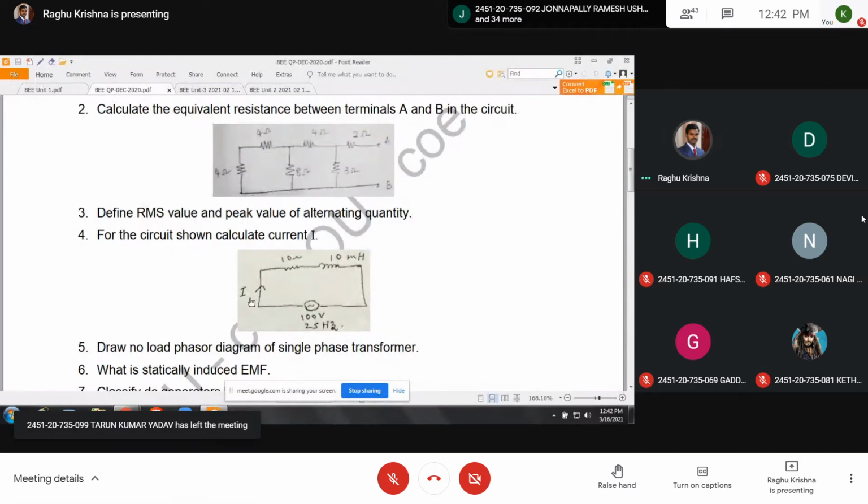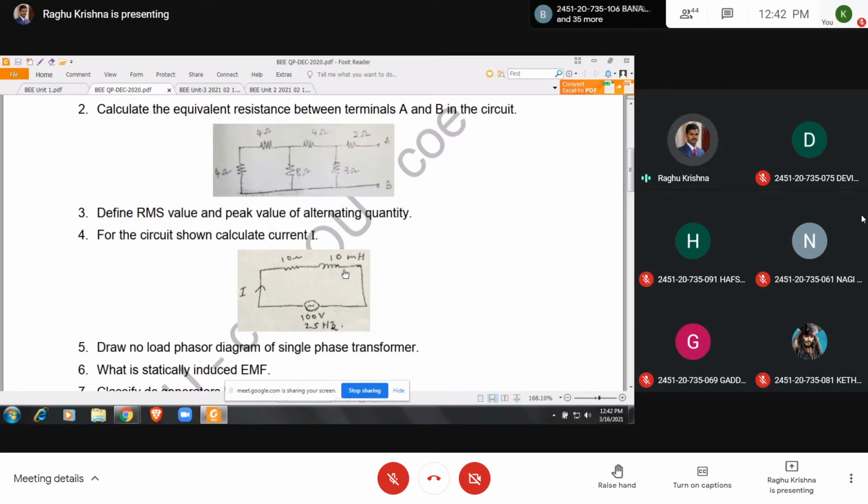See the fourth one. Here, first you have to calculate Z. For calculating Z, you have the value of R, and here you have the value of L. L is equal to 10 millihenry. So what is XL? XL is equal to omega L, which is equal to 2 pi f into L. So 2 into pi into f, f equal to 25, into L, 10 into 10 power minus 3.